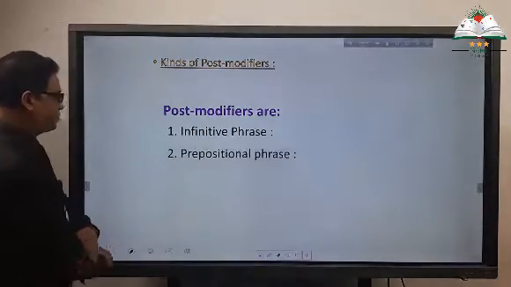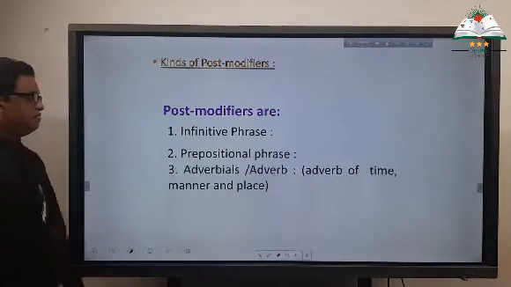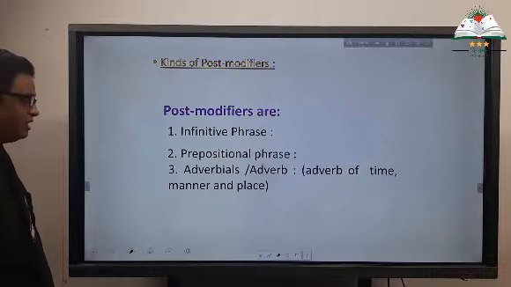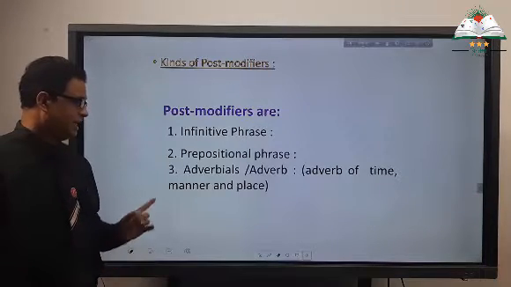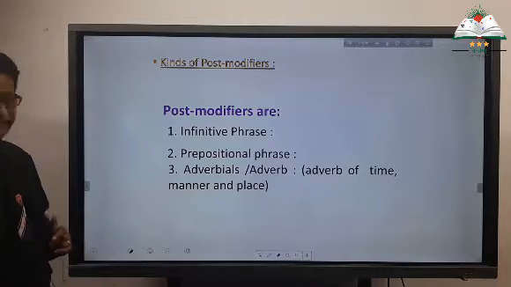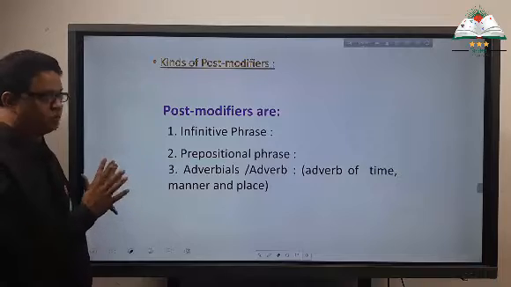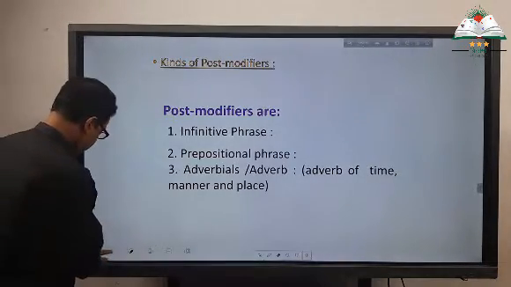Number 2, prepositional phrase. Number 3, adverbials or adverbs, and in it you will learn adverbs of time, manner and place. We are going to show the examples later on.